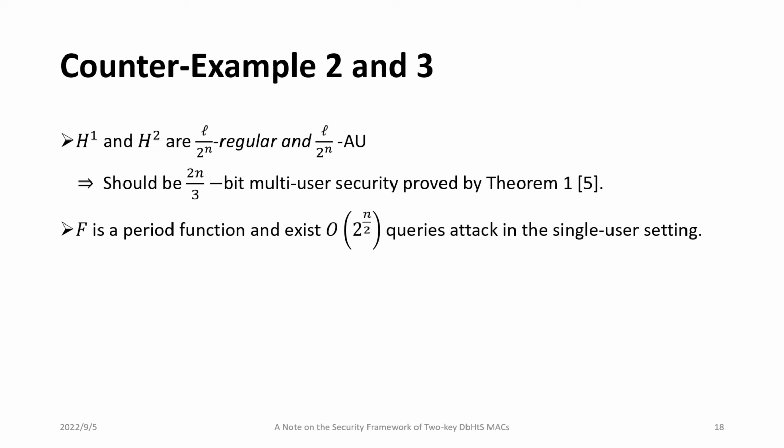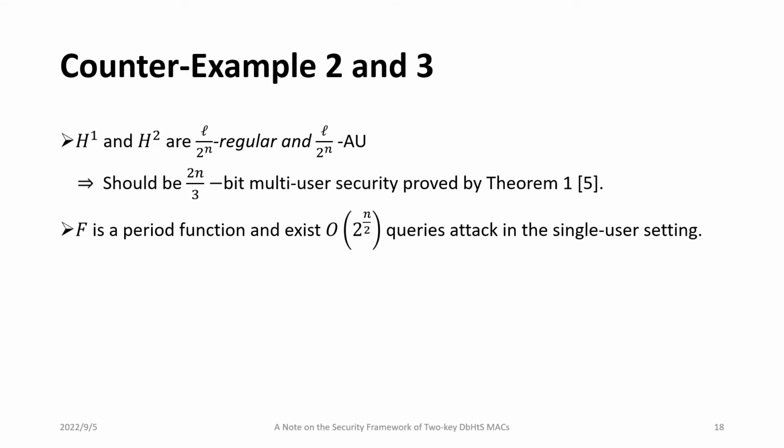For these two examples, the hash functions are both L/2^n regular and L/2^n AU, where L is the maximal length of the message blocks. According to Theorem 1, they are also proved to be 2n/3-bit multi-user PRF, where they exist about 2^(n/2) queries attacks in the single-user setting, similar to the first example.